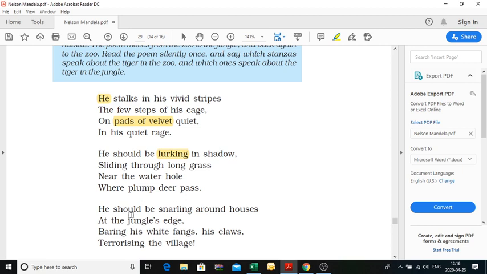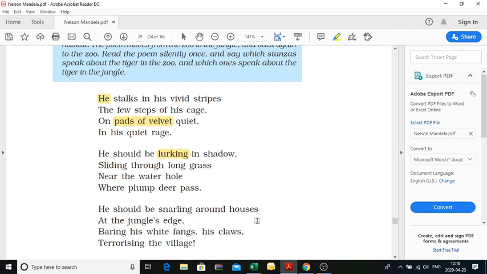Tigers are in the habit of attacking prey, attacking animals. He knows how to ambush his hunt. He doesn't attack by challenging his prey directly, right? He lies in the shade of trees, unseen by his victim. He loves to do that.